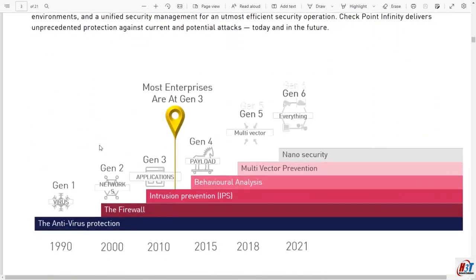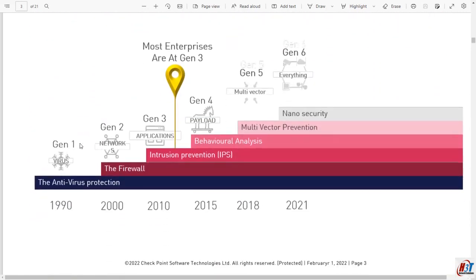Now, if you go through this chart, this basically defines the history of how these attacks have evolved. In the 1990s we had the Gen 1 attacks, which are the viruses, and for that we had antivirus protection. In 2000, the network attacks, which are Gen 2, started, and the mitigation for them was the firewall. And Gen 3 application attacks started in 2010, and we had the IPSs.